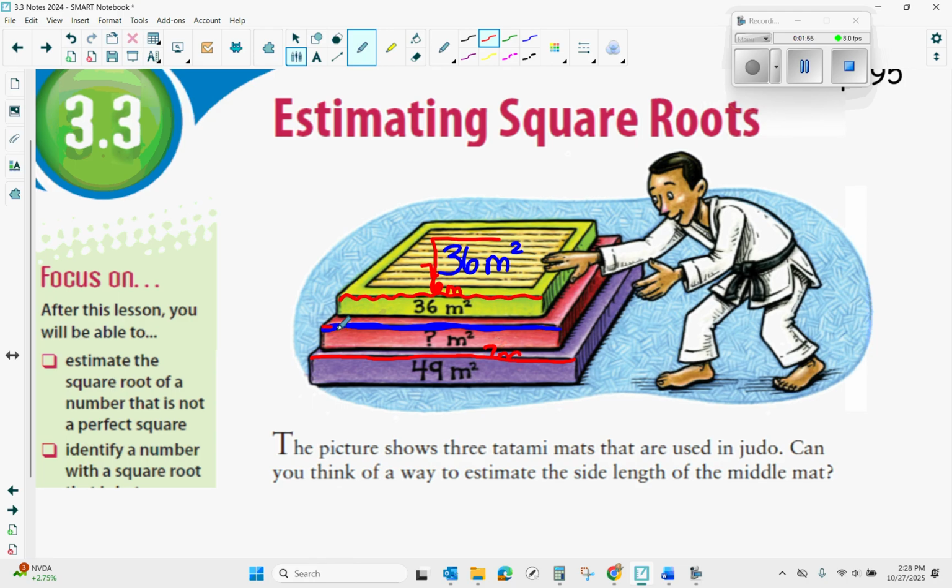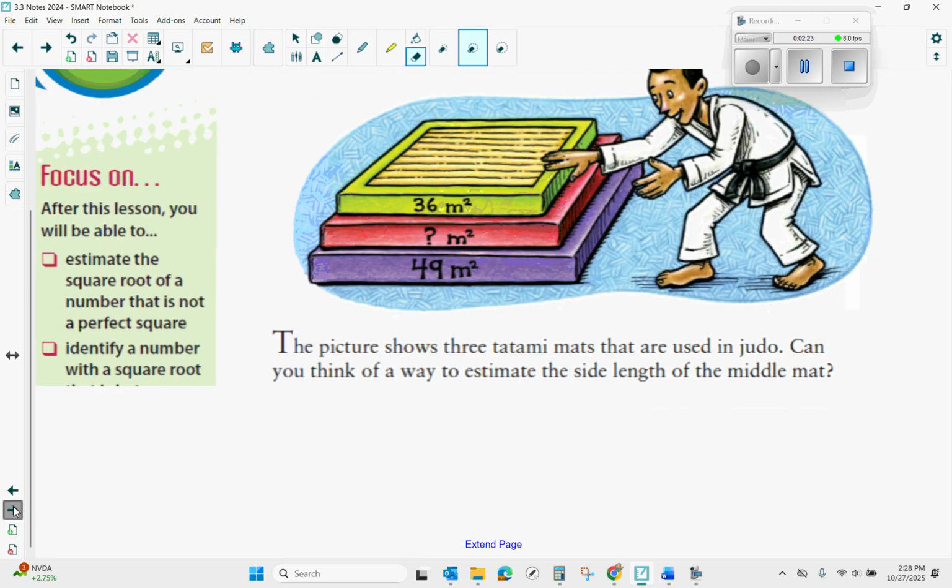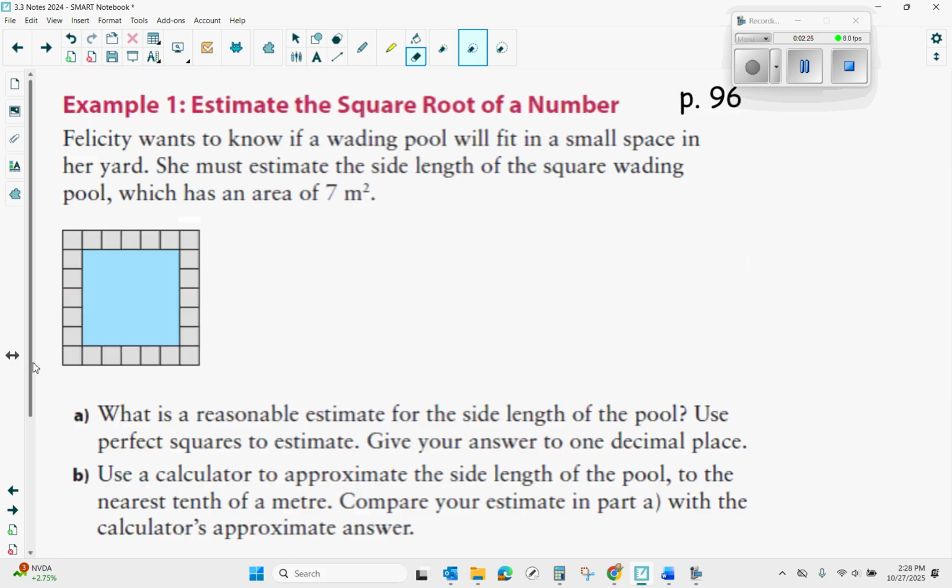So the side length of this red mat would be 6 point something meters. Maybe it's 6.5 meters. But we know for sure it's going to be somewhere between 6 and 7 meters. That's kind of our thinking there.